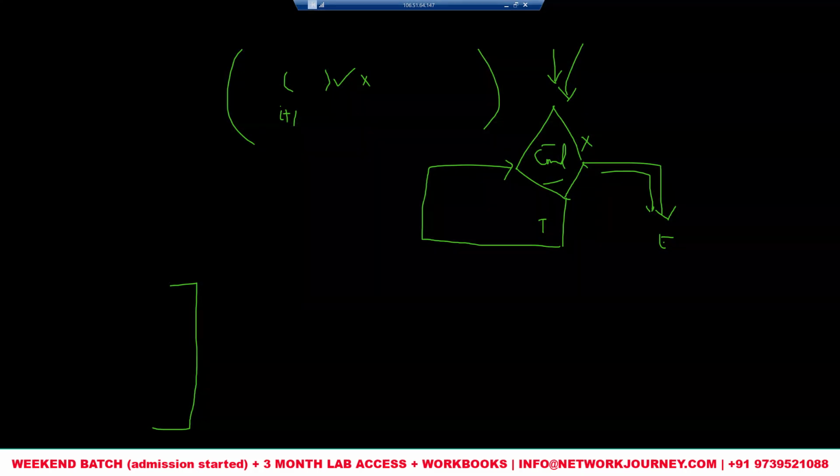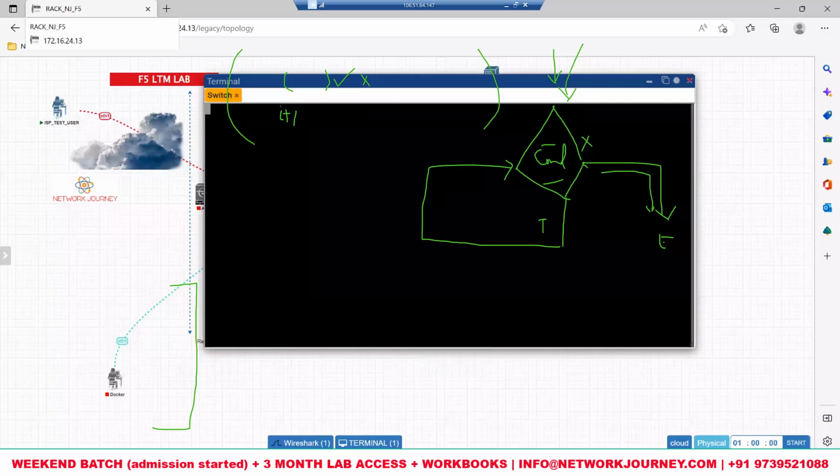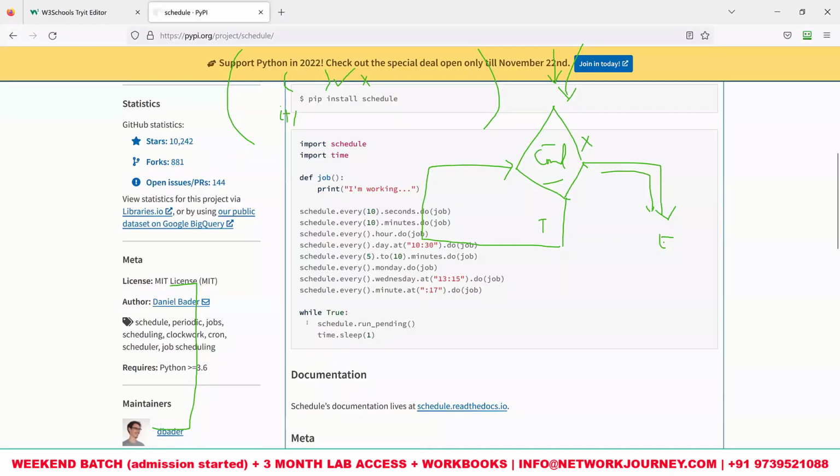See, there is an example here. I'll show the example on the library page. See, the condition is here. You are calling the necessary libraries, and you are calling the job. Basically, the job here does a very simple thing, but in our case, we will take SSH to that and run the CLI commands, whatever CLI commands I want to run, and I will place the condition.